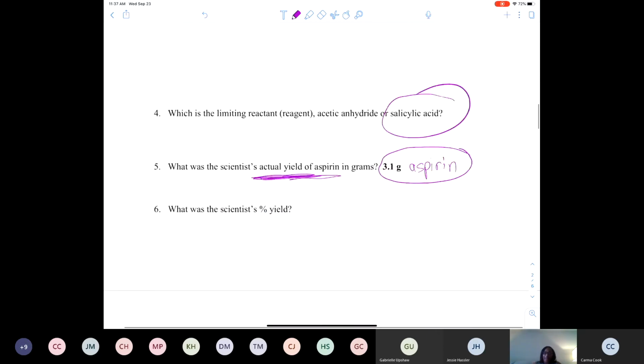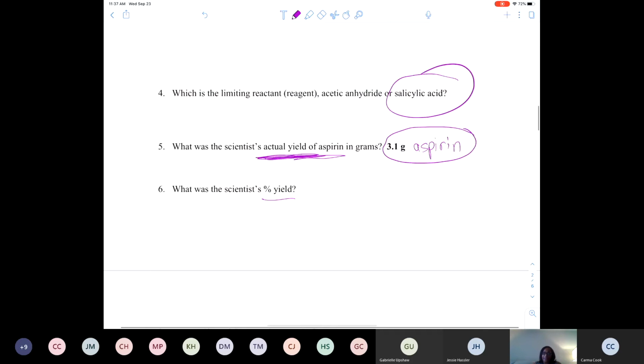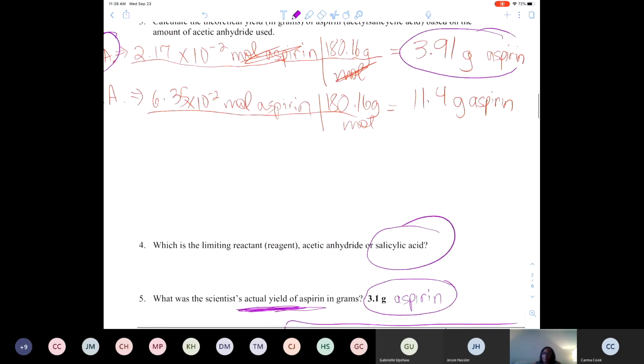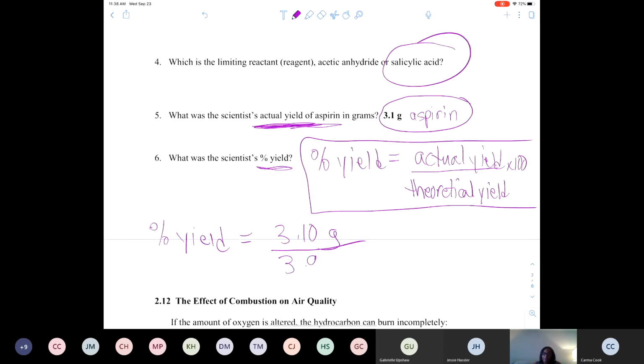So therefore, how do you calculate the percent yield? It's going to be equal to the actual yield, what you actually make in the lab, divided by what you should make theoretically, the theoretical yield, times 100. So this scientist's percent yield is 3.1 grams divided by the theoretical yield of 3.91 grams.